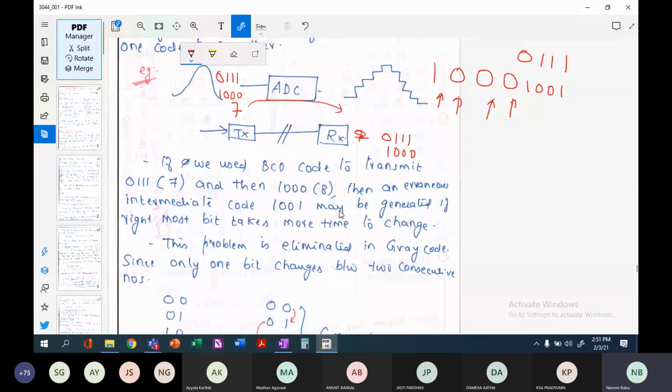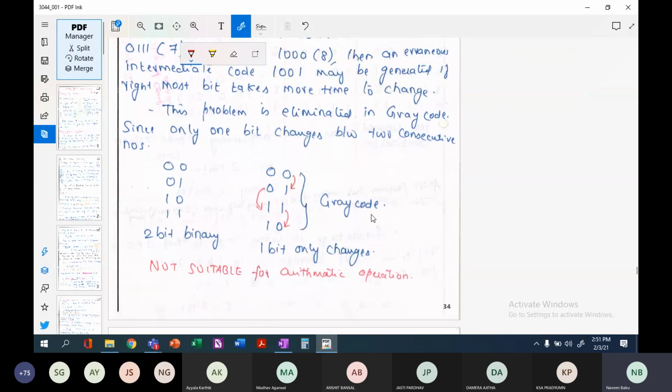In order to eliminate this problem, you must create a code such that the change takes place by only 1 bit. This problem is eliminated by gray codes. Only 1 bit will change between two consecutive numbers. This is very important.